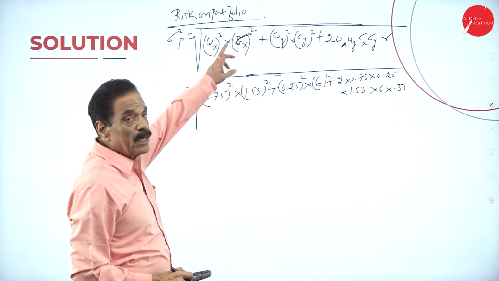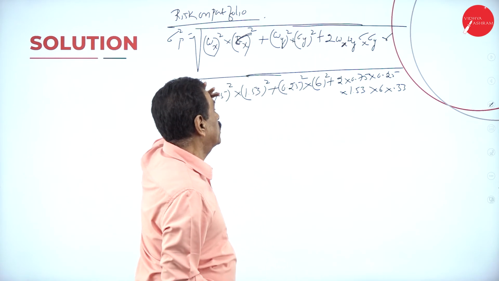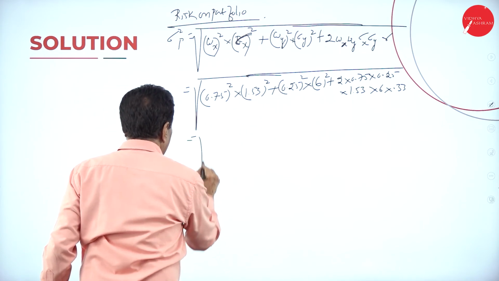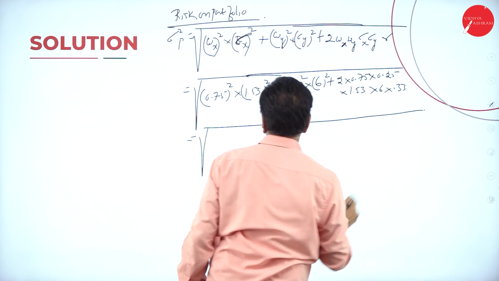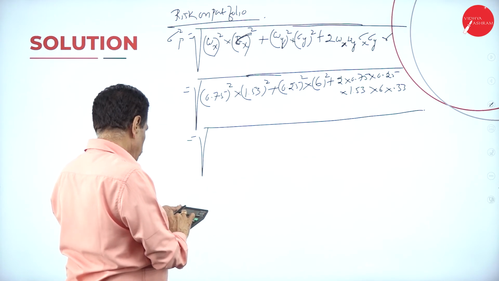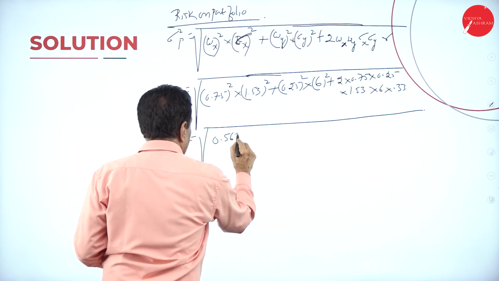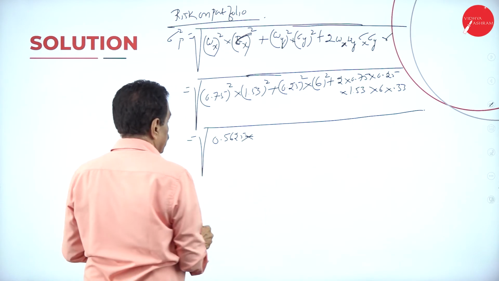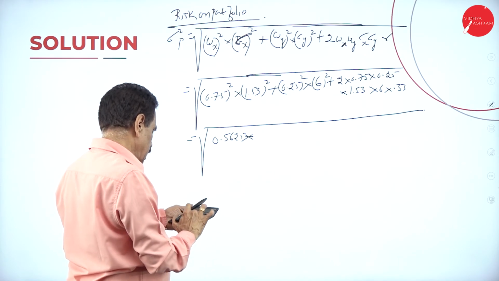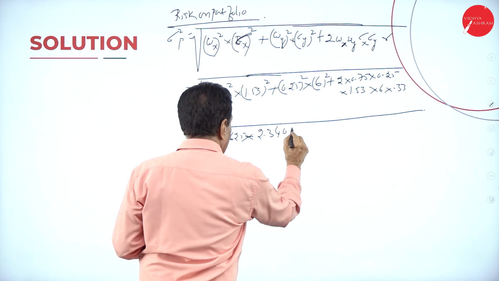Wx whole square, standard deviation x whole square, Wy square, standard deviation y square, plus 2 into Wx into Wy into standard deviation x, standard deviation y, into R. This is root of 0.75 into 0.75, 0.5625, into 1.53 into 1.53, 2.3409.